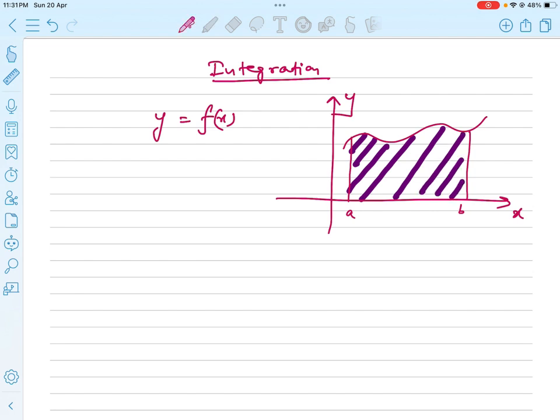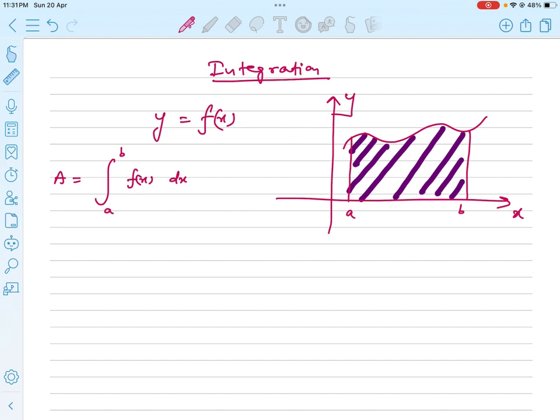To find out this area, what we do is we integrate the function f(x) dx between A to B, and this integration is going to give me the area of the shaded region, right?